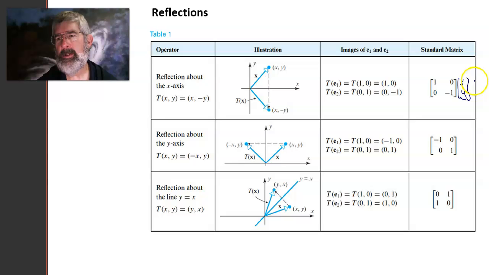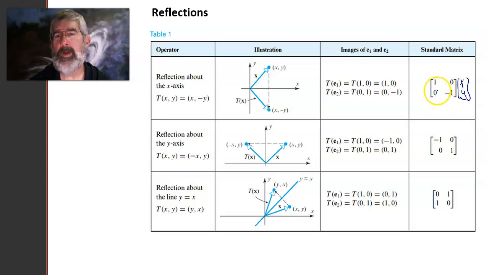So it's going to be x times 1 and 0 times y. The coefficients I see in front of x and y here are 1 and 0. Likewise, the coefficients I see here are 0 and minus 1. There's a 0 in front of the x and a minus 1 in front of the y. So that's one way to think about how to get this matrix.